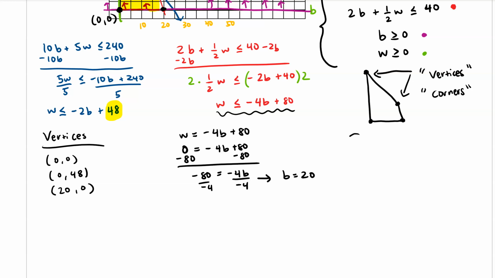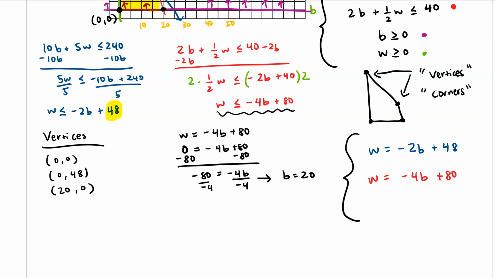Let me write those down here. And I'm going to use the slope-intercept form that we solved for. So W equals negative 2b plus 48. And then the equation of the red line would be W equals negative 4b plus 80.